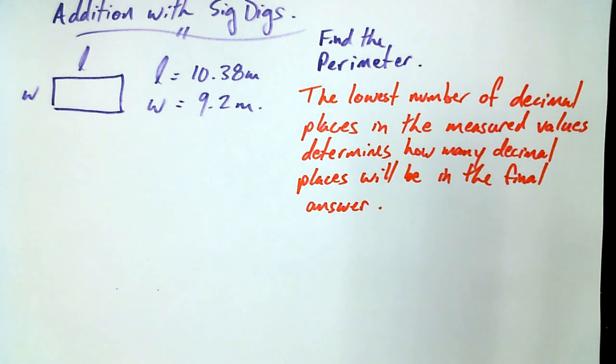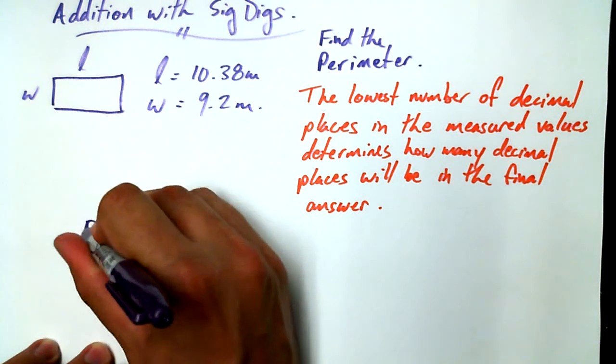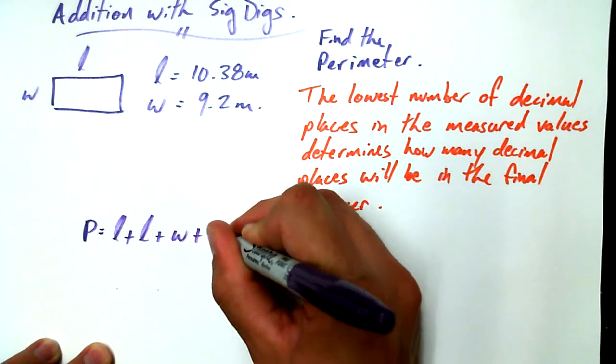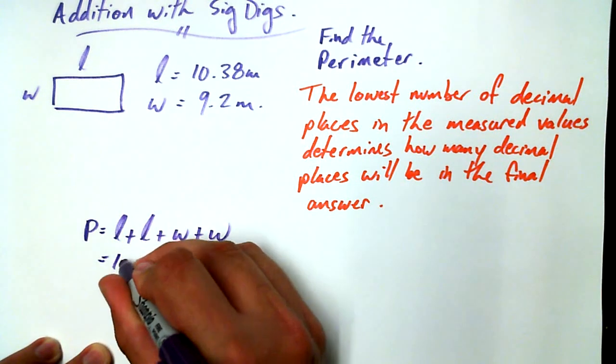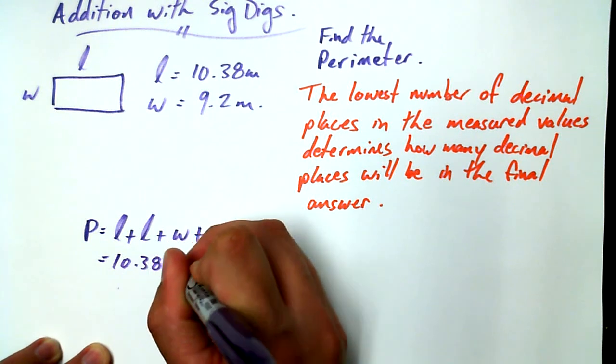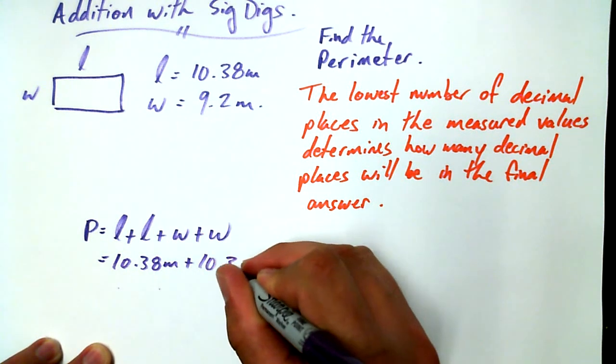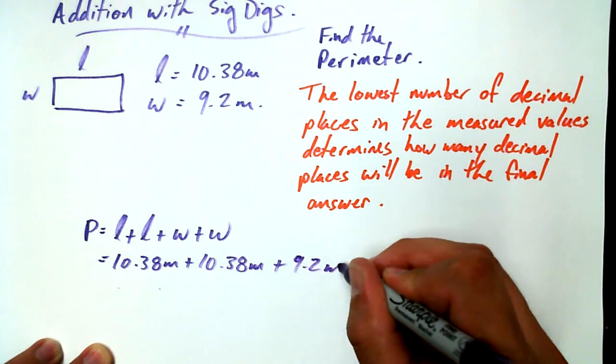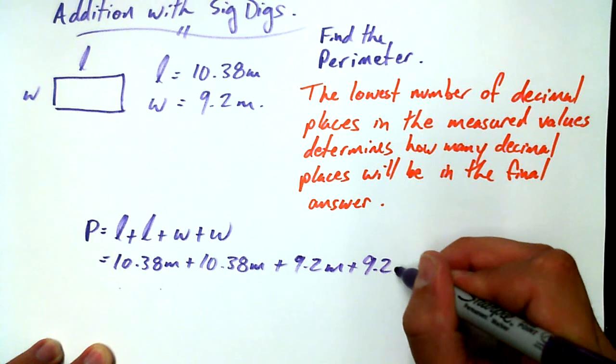So in this case, if I want to find the perimeter, I'll just write it out in full. I'll say P equals L plus W plus W, and I'll write out the whole thing. 10.38 meters plus 9.2 meters plus 9.2 meters.